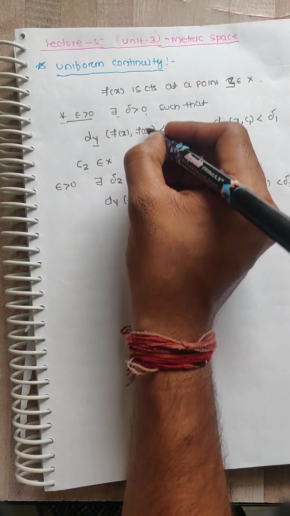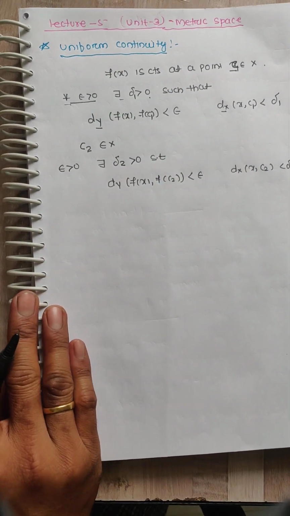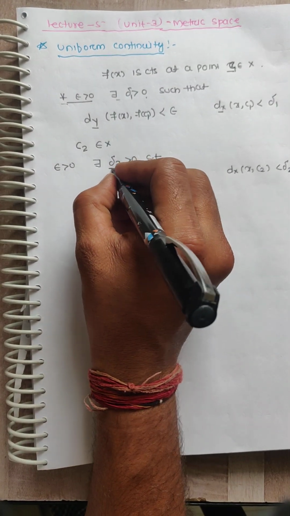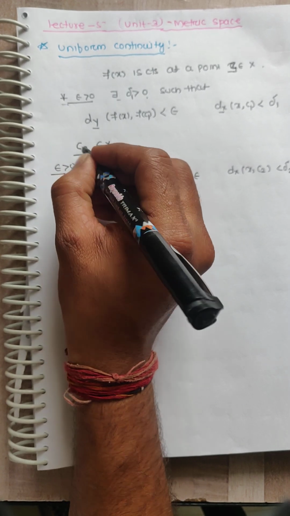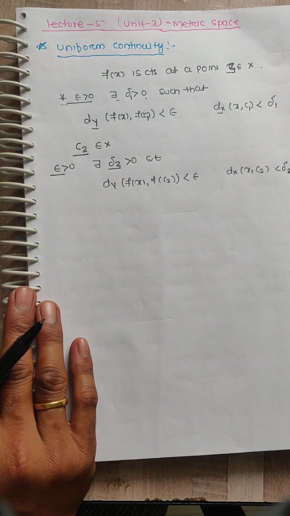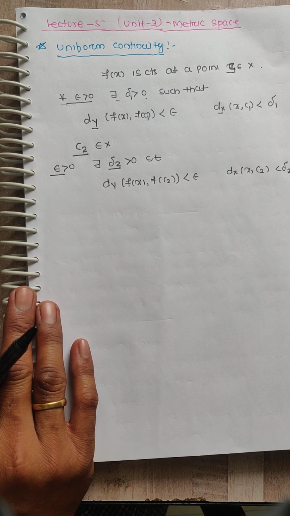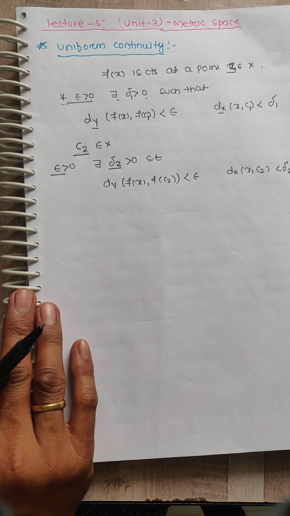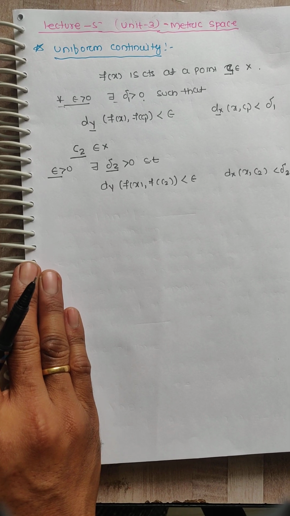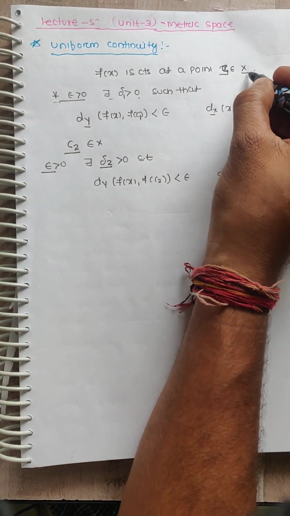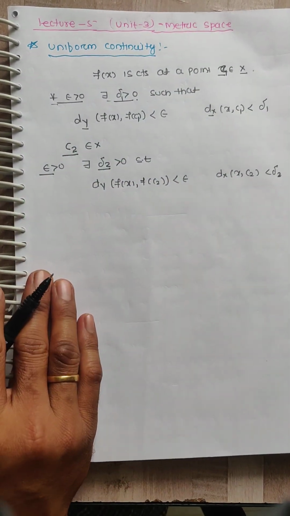Let this be delta 1. So delta 2 depends not only on epsilon but also on the point we take in X. The problem is that whenever I change the point in X, the delta will change.